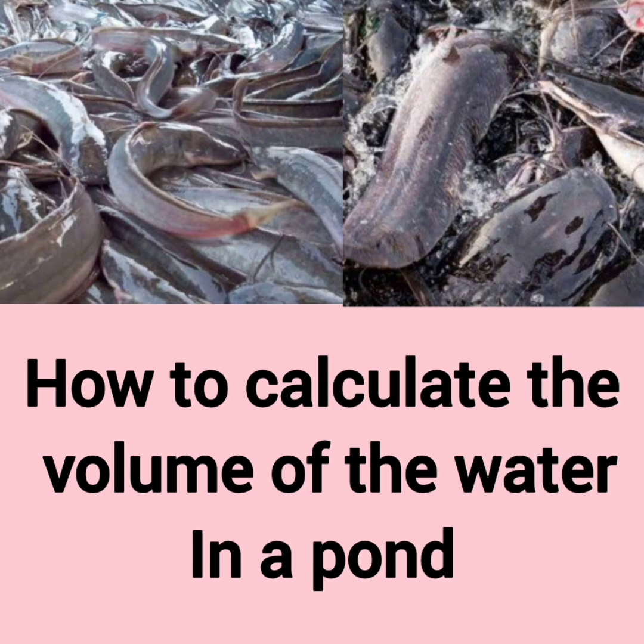So we are going to look at the cylindrical shape of a pond now. The volume of a cylindrical pond is pi r square h, whereby pi is a constant and the figure is 3.14.